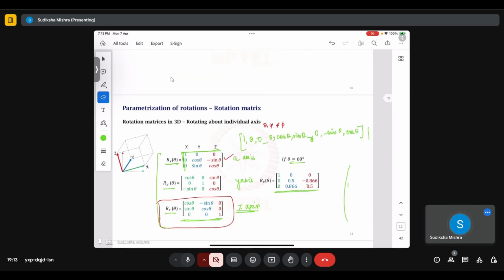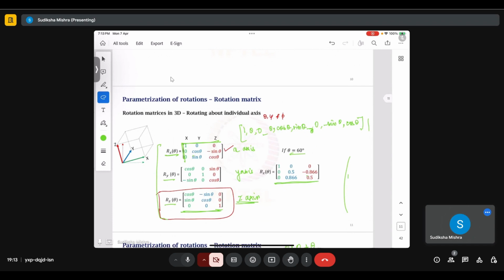What happens in 3D? In 3D, since there are three axes, if the rotation angle is theta and the rotation is along the x-axis, your rotation matrix looks like this.